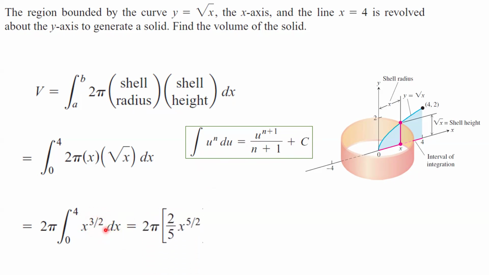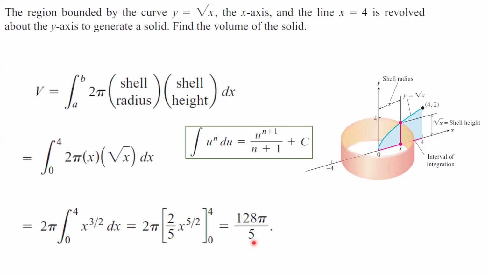It becomes 2 pi times 2/5 x to the power 5/2, and x ranges between 0 and 4. It is equal to 128 pi divided by 5.